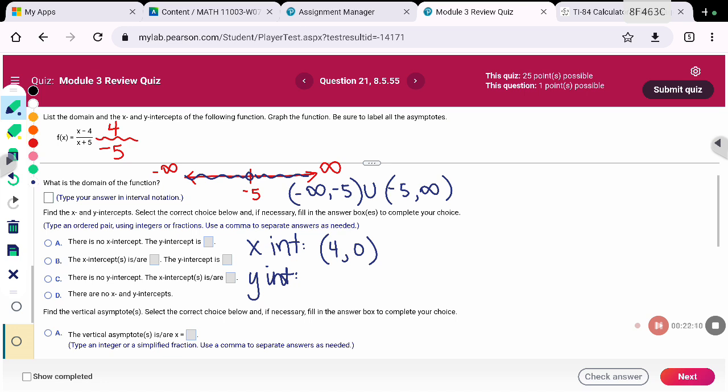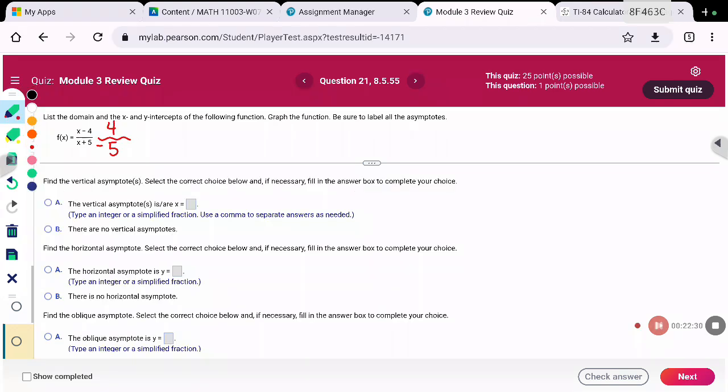So you'd have 0 minus 4 over 0 plus 5, which would give me -4/5. So your y-intercept is at (0, -4/5).